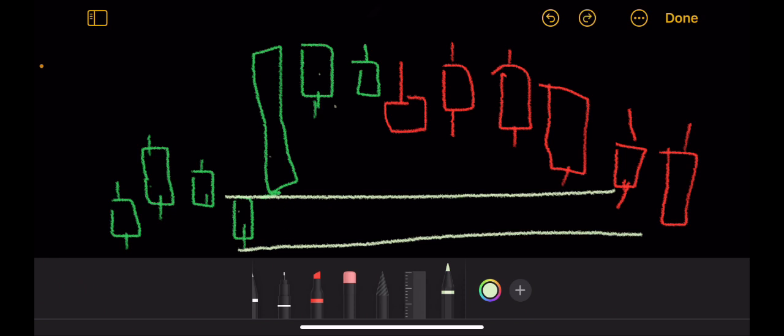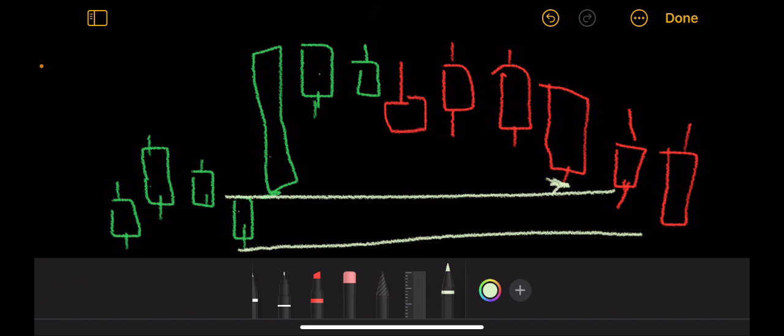It may be here, it may be over here. Now, if we look at this example, it came back right here and tested it.